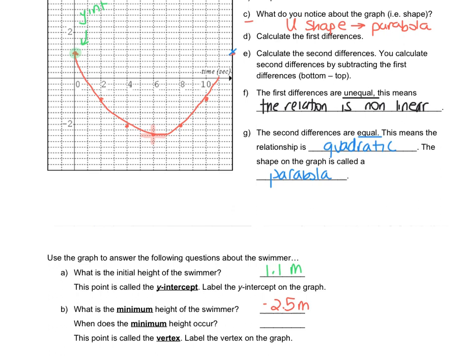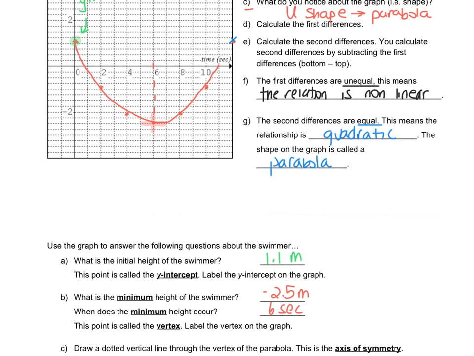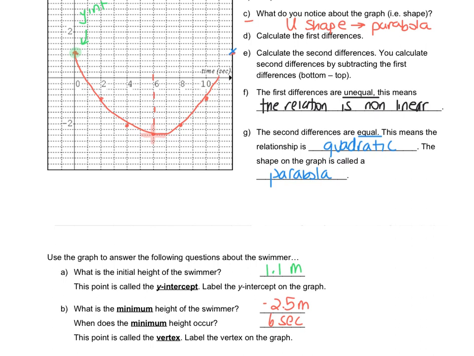So if I look over here, my minimum height occurs at 6 seconds. Now this point that we just referenced is called the vertex. So it is this point right here, 6, negative 2.5. So the vertex is the tip of that parabola.